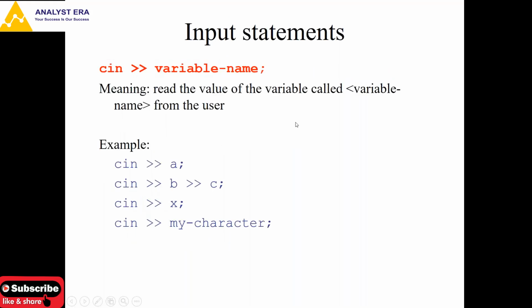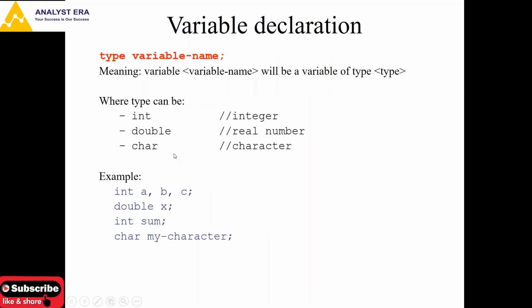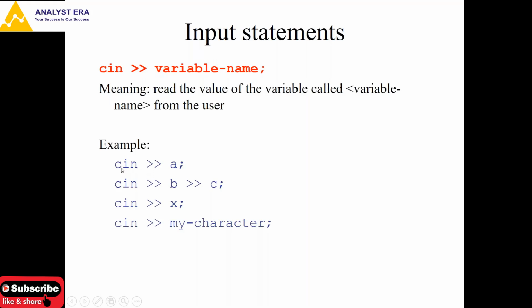Now as I told you, the iostream library has the cin and cout functions to take input from the user and to print the output. I will explain the input one, how to take input from the user. In the last slide you already defined a, b, c as integers. So if I say cin a, then the code will expect an integer input from the user.